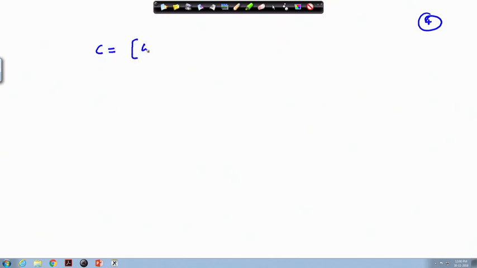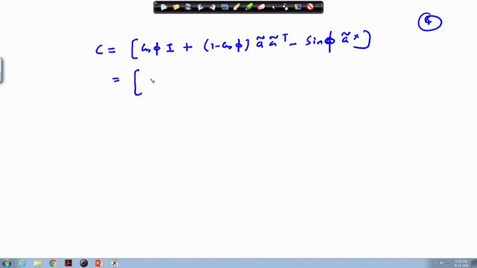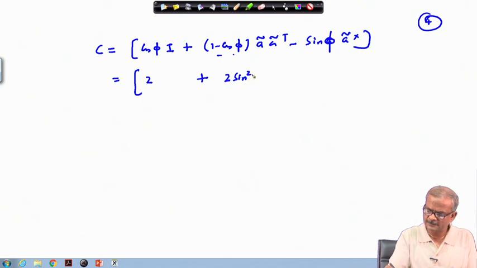So, C equal to cos phi I plus 1 minus cos phi A tilde A tilde transpose minus sin phi A tilde cross, and we need to reset it and write it in a proper way. So, we will use this to write 1 minus cos phi as 2 sin square phi by 2, we will write it in this format.